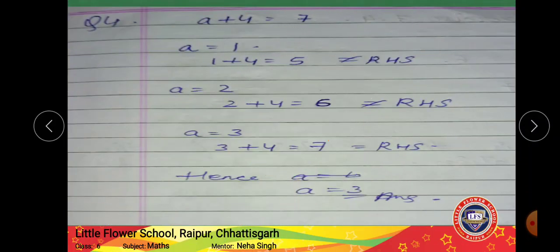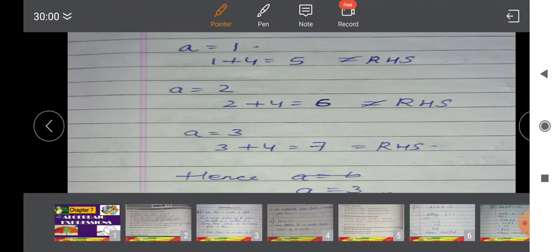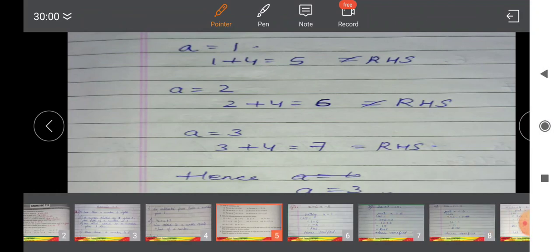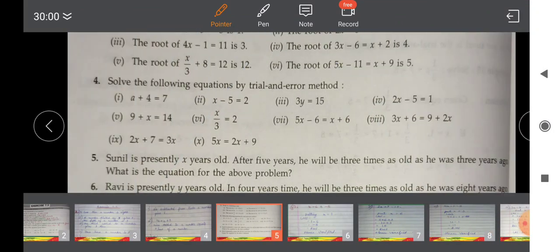Now moving on to the fourth question. Let us read what the fourth question is. Solve the following equation by trial and error method. Now what is the trial and error method? It means you need to put the values of a, 1, 2, 3, minus 1, minus 2, right?